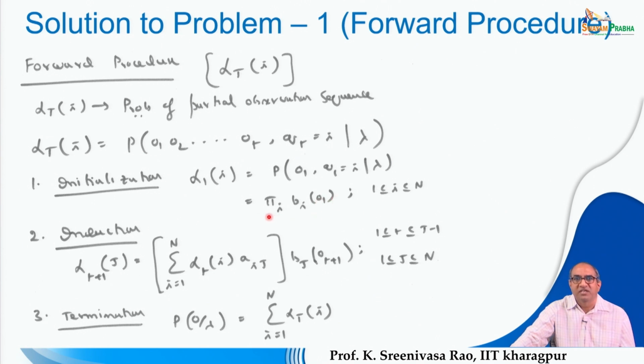This is the initial state probability, times the symbol probability at the initial state.